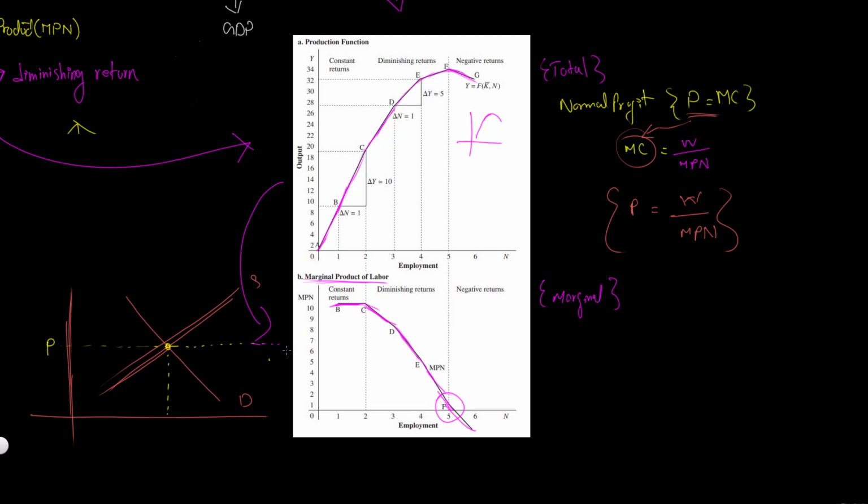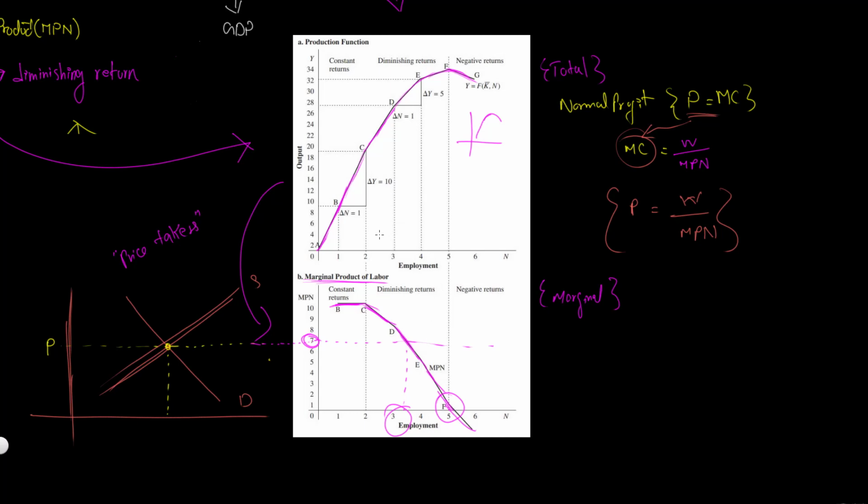Since this is a perfectly competitive market, firms are price takers. And therefore they would only employ at a point where price is equal to marginal cost, and let's say that is corresponding to, let's say, 7 units.